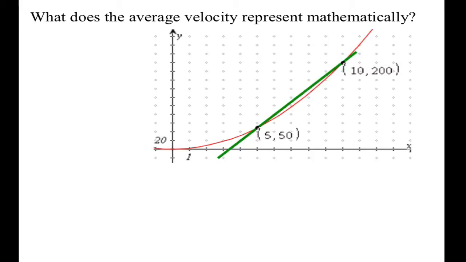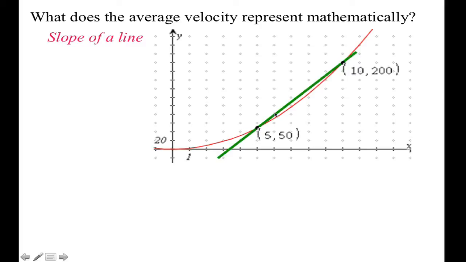So what does the average velocity represent mathematically? Well, the red graph represents the distance equation for our car, 2t squared, and this line right here is the line that goes through the points at t equals 5 and t equals 10.